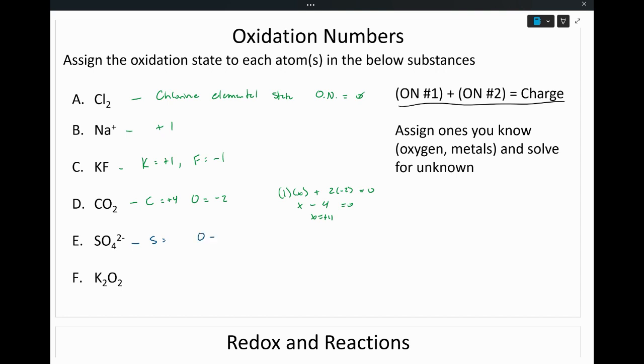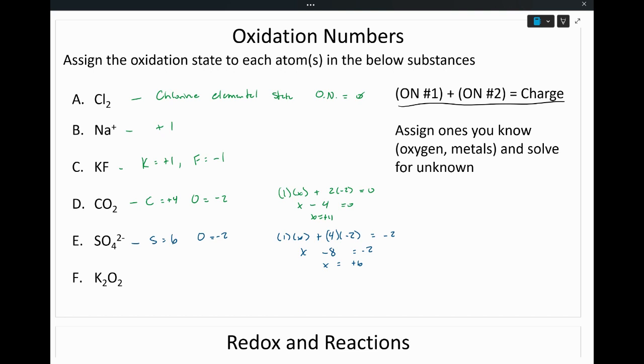So oxygen, we know, has a -2 charge. So we have the single sulfur of unknown oxidation state plus the 4 oxygens that have a -2 oxidation state, has to equal the charge of the molecule, which is -2. So that's X minus 8 equals -2. X equals +6. So we'll say a 6 here.